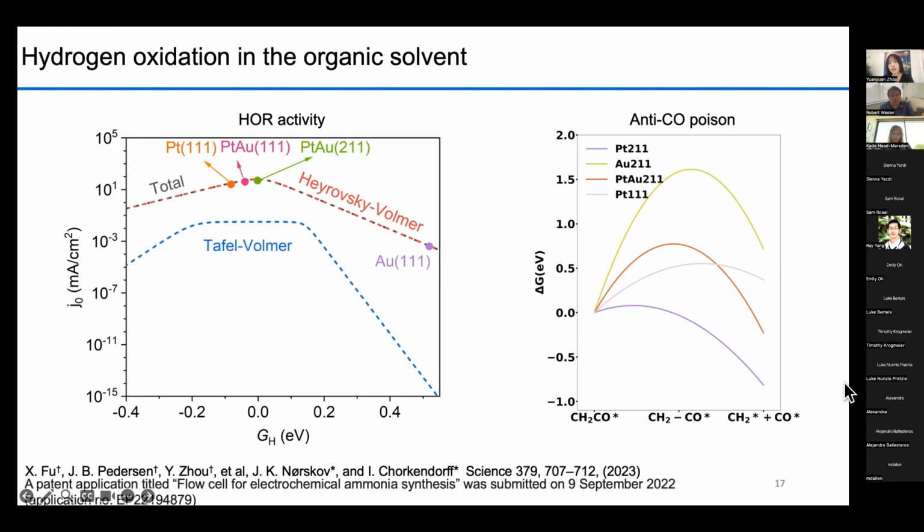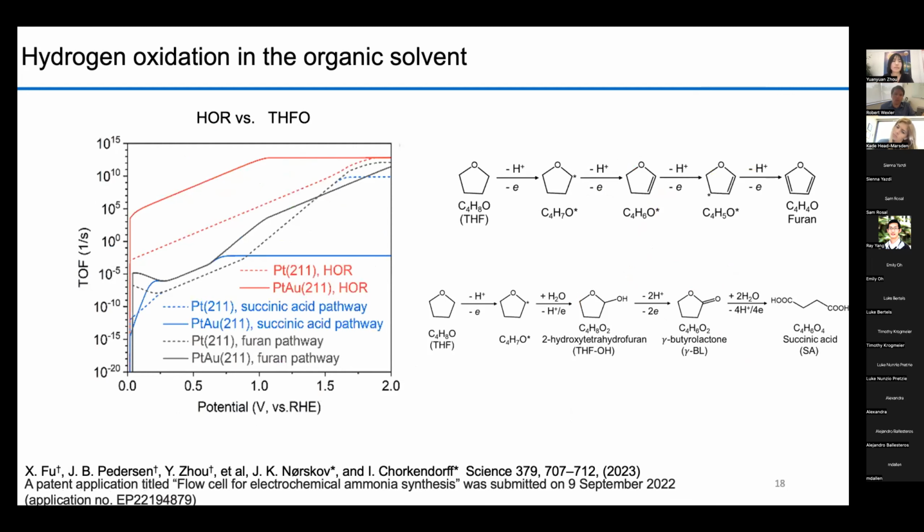So with the production of CO, pure platinum becomes easily poisoned, but platinum-gold reduces the CO production. And further, we investigate the selectivity of the platinum-gold about the hydrogen oxidation and the THF oxidation. Two pathways are selected for the THF oxidation.